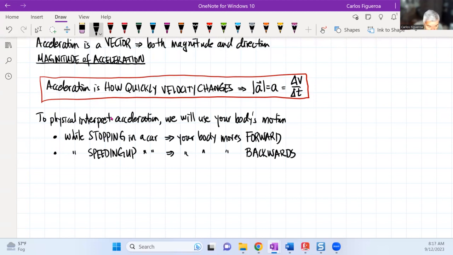We want to use that to gauge the magnitude or the strength of the acceleration.